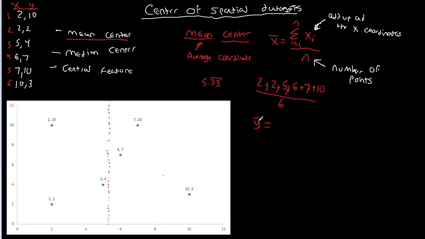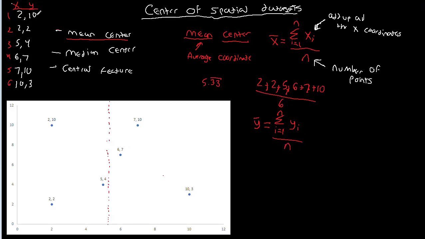We typically see this denoted as a y, just so we can keep track. It's going to be the exact same thing: the summation from i equals 1 to n of y sub i over n. We're adding up all of the y coordinates and then dividing by the number of points.